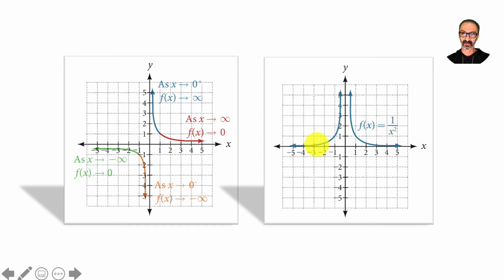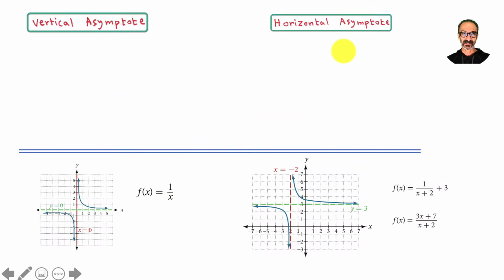We don't want to talk about other ones that will be called horizontal asymptotes and go through it, but let's just stay focused on this one. So both have horizontal asymptotes as the x-axis and vertical asymptote as the y-axis. Same concept, the original graph and a new one.